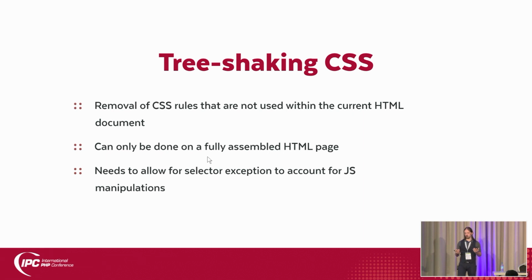Oftentimes, this is just a kind of allow list where you add a certain set of classes, for example, that when they are being used in selectors, these selectors are always included in the tree shaken CSS, even if they're not encountered in the HTML.